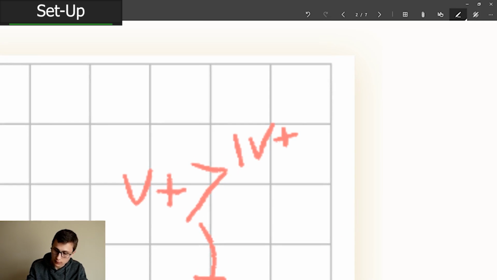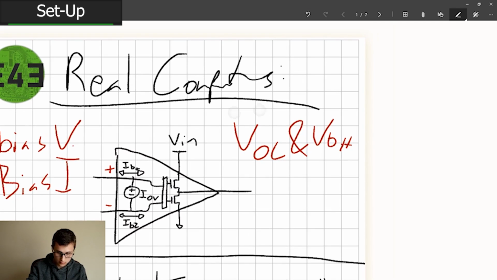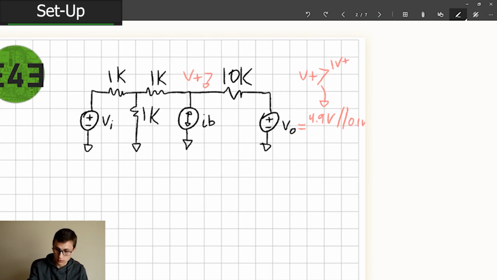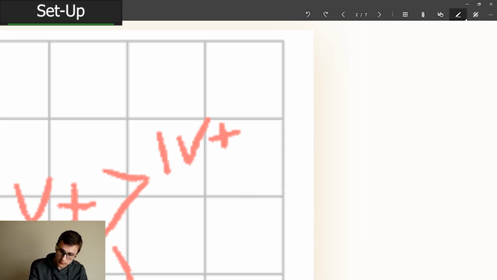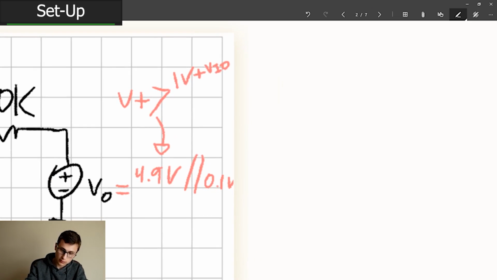plus input, what did we call it? We called it input offset voltage, which is really weird. It should be VIO. We're going to call it that. Plus VIO. So basically I'm saying we need to get above 1 volt plus that input offset voltage to be 4.9 volts.